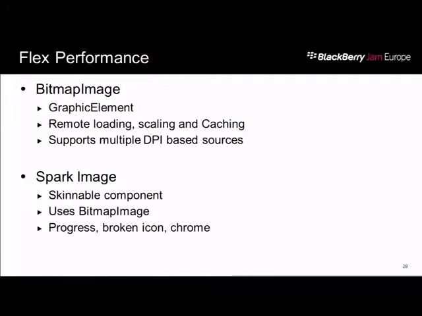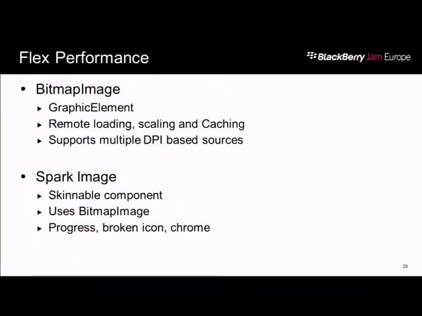Flex 4.5 for mobile has a Spark image component that allows you to set a scalable component that uses a bitmap image inside, but has some more features like progress, broken icon, or chrome for that image. Broken image means that you can set an image that will appear if the image you are referencing is not found. So you can have a fallback inside the image.